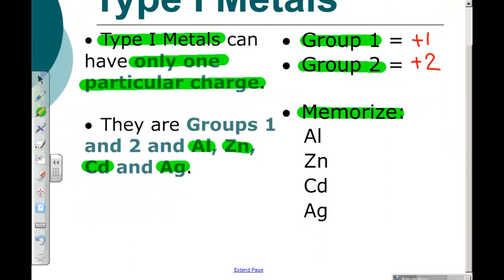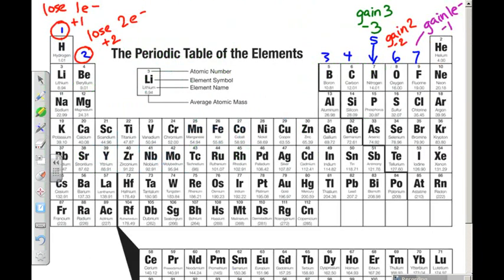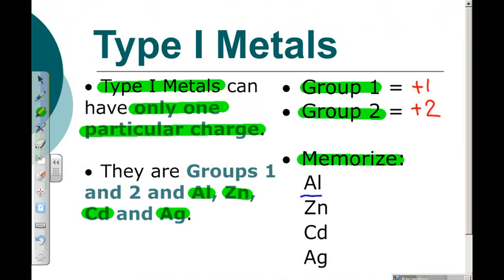Let's start with aluminum. If you look on your periodic table at where aluminum is, you can see that it's right here in the group with 3 valence electrons. Based on that, can you predict what kind of charge it would have? I think it's most likely to have a +3 charge because it has 3 valence electrons, which it can easily lose. Let me fill in a +3 for aluminum.